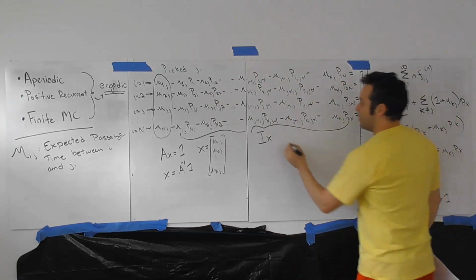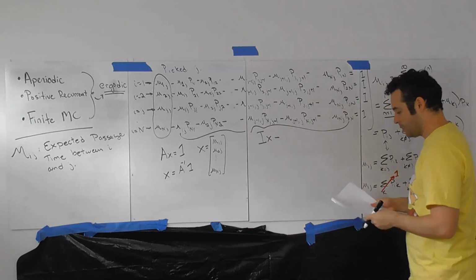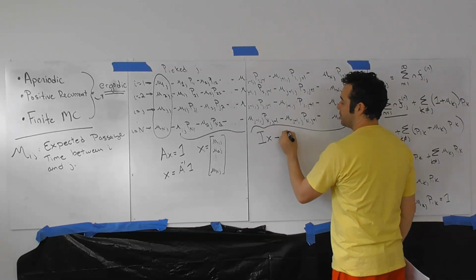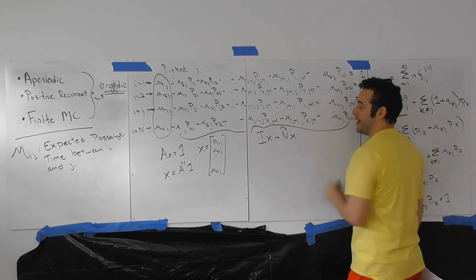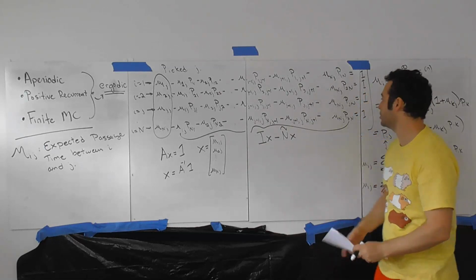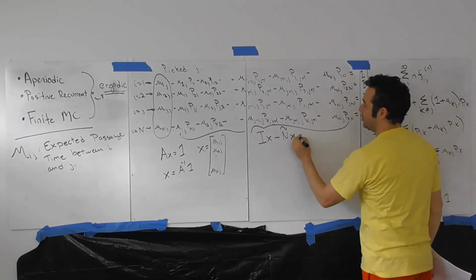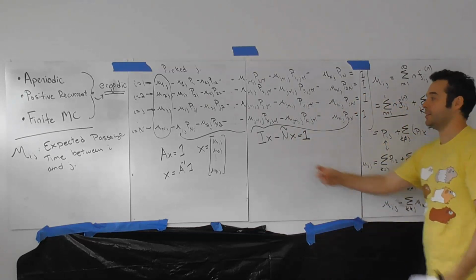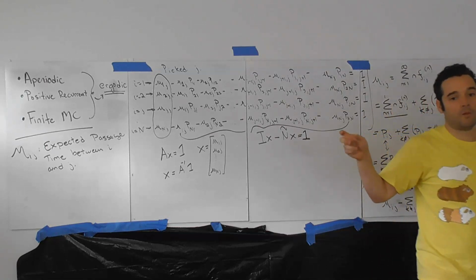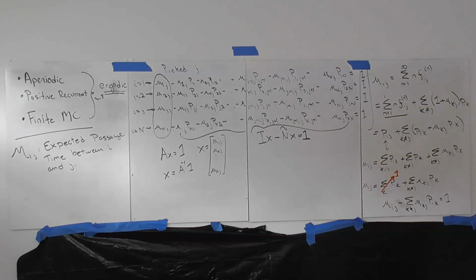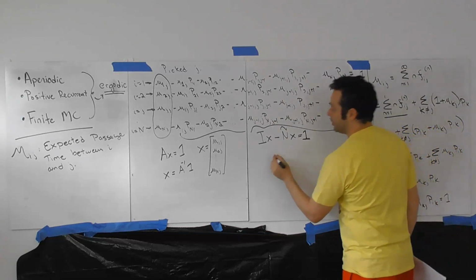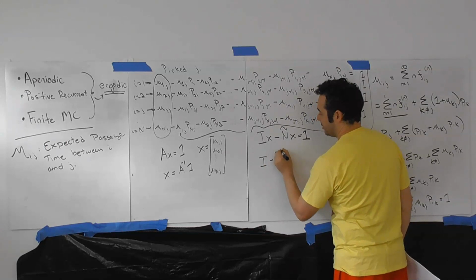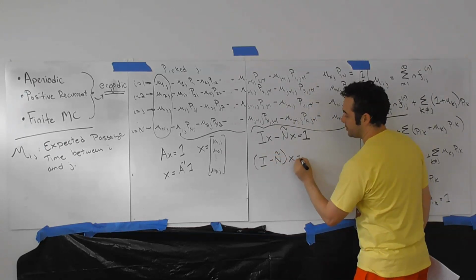It looks like we're multiplying some funny matrix, and I'm just going to put a tilde over it, times x. Again, x contains all the mu's, and we're going to set that equal to a vector of 1s. Okay, so I haven't defined what this N matrix is quite yet. Once you see it, you'll go, oh, that's really easy. But what we can do here is factor some stuff out. So we're going to have I minus N tilde times x equals 1.